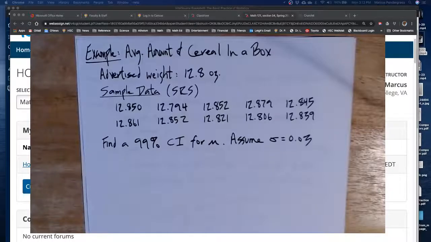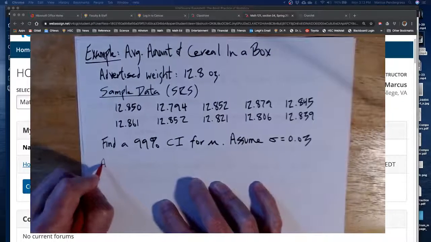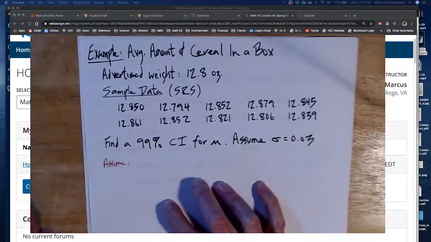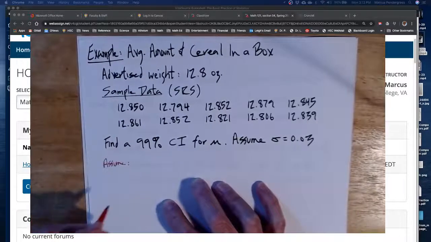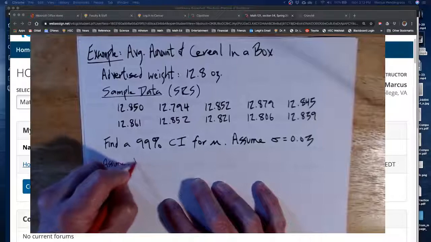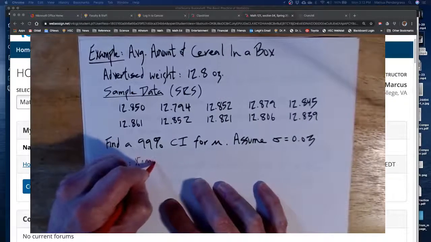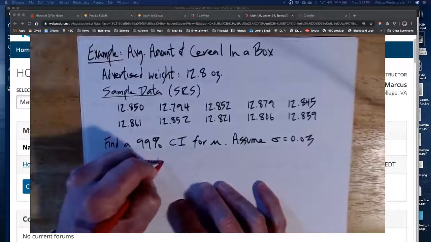Well, we're going to make another assumption as well. We're going to assume that the weight of cereal in a randomly chosen box is normally distributed. So X equals the amount in a box.